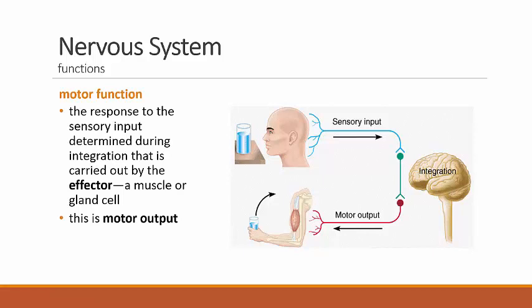And that sending of information, that command that we send out from the brain or the spinal cord, is termed motor output. And the only effector tissues that we see in the body, there are 2 kinds of tissues, are muscles or glands. We can tell a muscle to contract or not to contract. And we can tell a gland to secrete or not to secrete. Those are the only things that the brain and the spinal cord have control over.